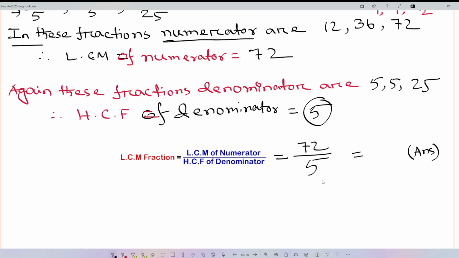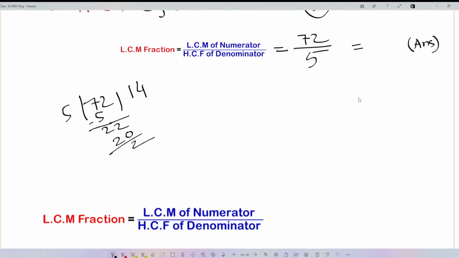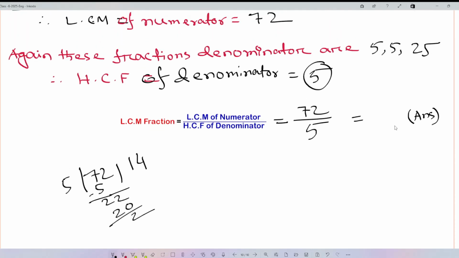So 72 by 5 is our answer. This is a mixed fraction. We can write 72 divided by 5. So here is 1, 5. So 7 minus 5 is 2, and again 2. So 4 times 5 is 20. So 2. So our answer is 14 2 by 5. This is our answer.